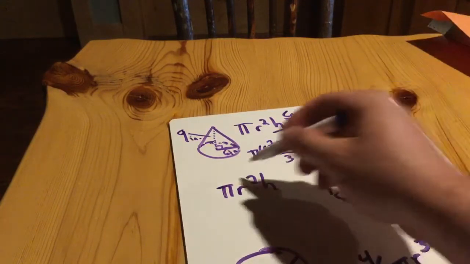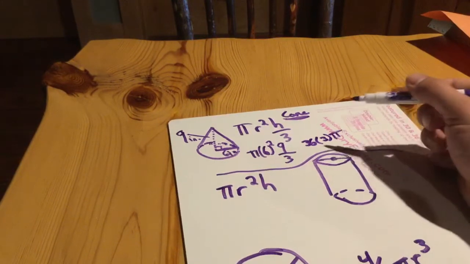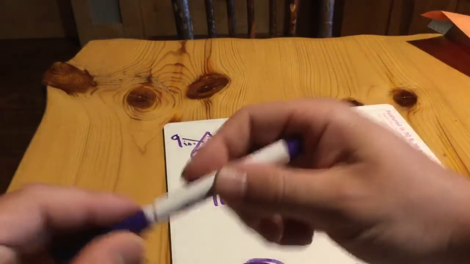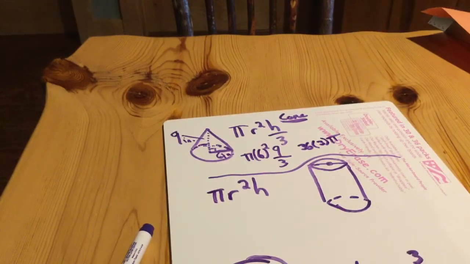Now, 36 times 3. I'm going to use a calculator for this. Times the pi. Put that in my calculator. You could put it in the calculator from the start. But, pulling up the calculator, I'm going to put 36 times 3 times pi.